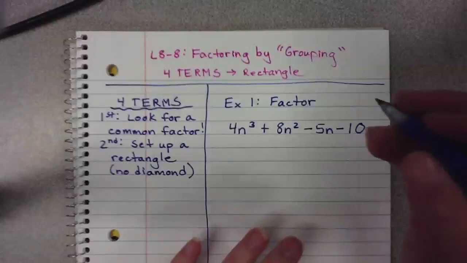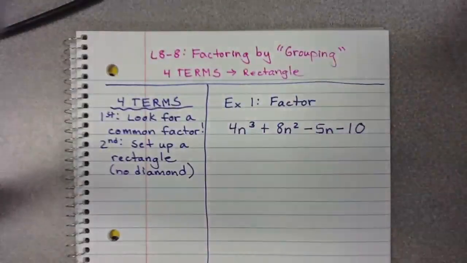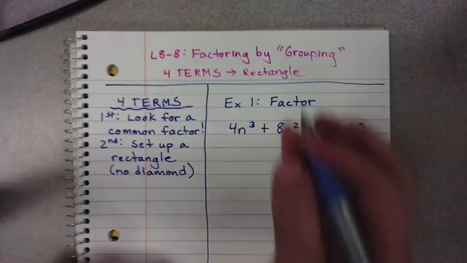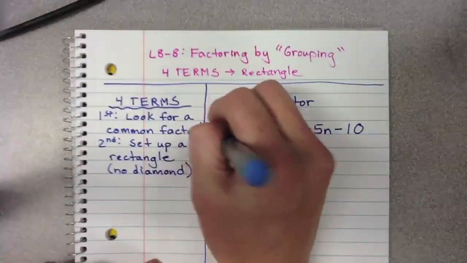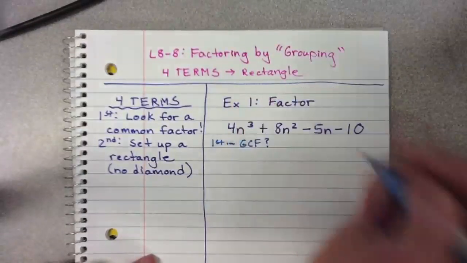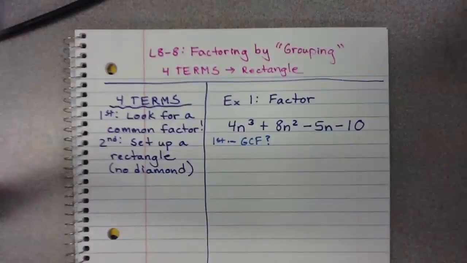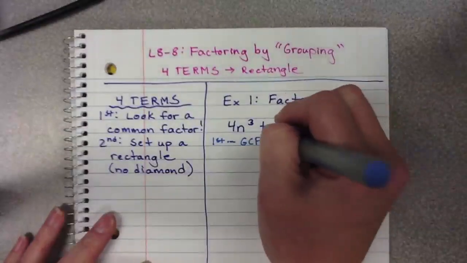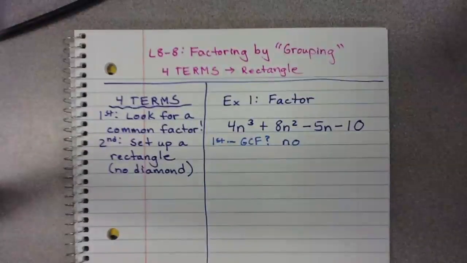So you set up your rectangle. Well, first thing you're going to do actually is look over here and say, okay, do I have a greatest common factor? No. So first, do I have a GCF? No. 1, just 1, right? So no GCF, so you can move on.